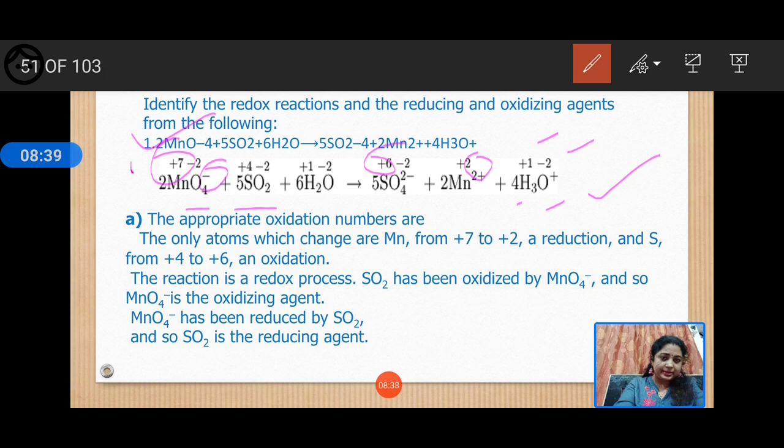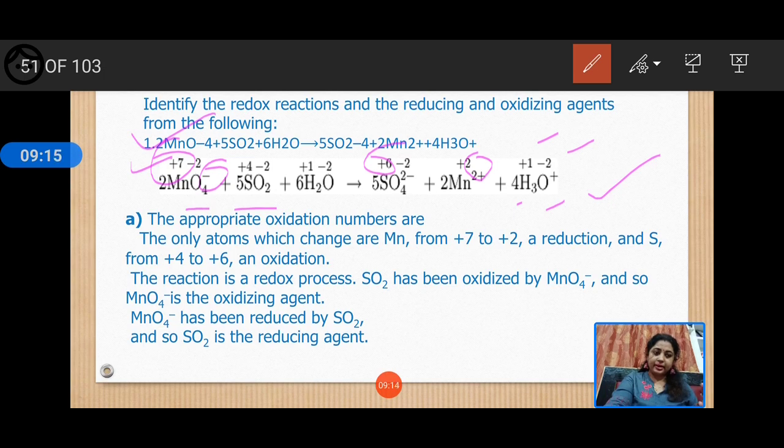First, manganese. On the reactant side it is showing +7. What is happening to manganese on the product side? It is showing +2. So +7 to +2: is it decreasing or increasing? Definitely it is decreasing. You have to remember one more thing: increase in oxidation number is oxidation, and decrease in oxidation number is reduction.